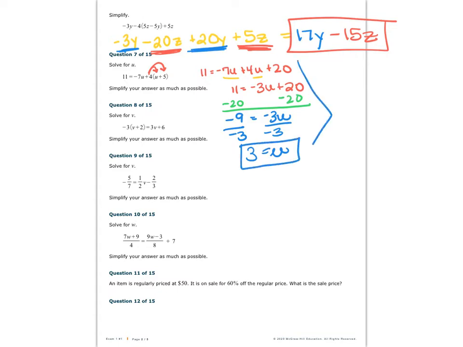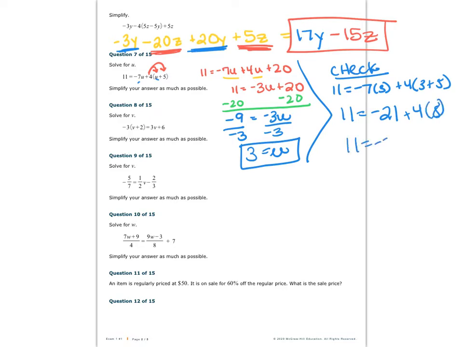If you have time throughout your exams, I would check it. So in checking it, will you get 11 if you substitute in 3? So let's see. Everywhere there's a u, I put a 3 right here and here. So I get 11 is equal to negative 21 plus 4 times 8.